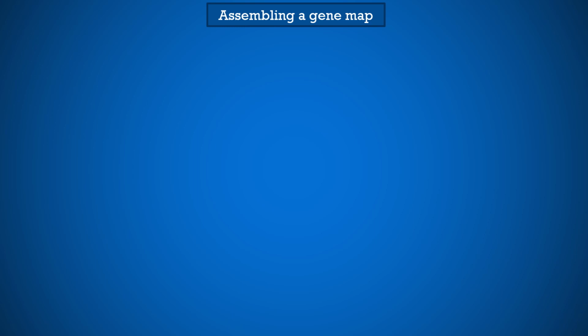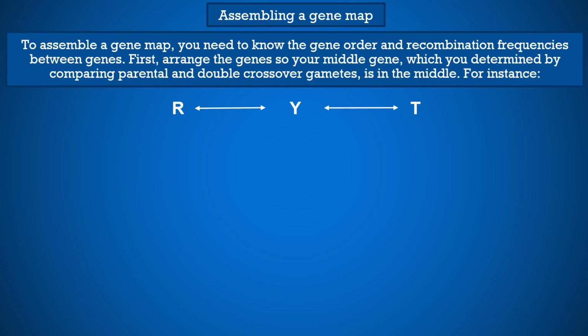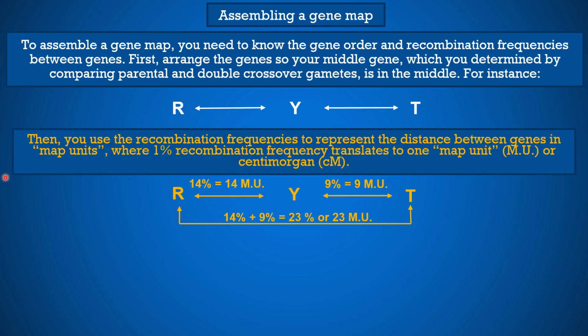Now we're going to assemble a gene map. First you need to know the gene order, which we've already determined. Second, you need to know the recombination frequencies, and we've already calculated that as well. Now you just need to set up the order of your genes. We have ours R, Y, T with Y in the middle.